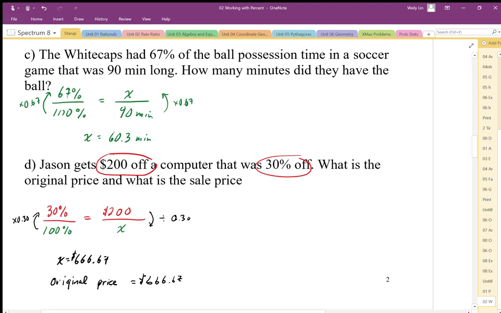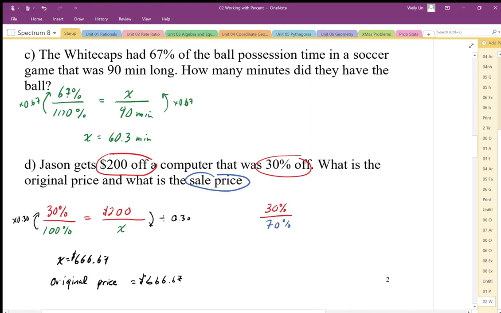Now, I want to show that we should really be able to do it like this. Remember that we can compare percentages directly in a ratio. So what we actually paid, the sale price, let's do this in a different color here, the sale price was 70%.